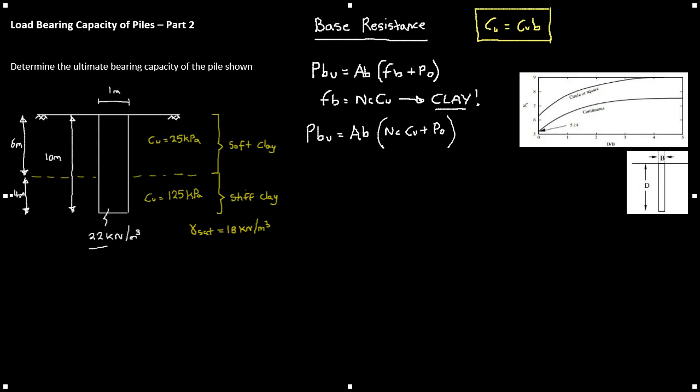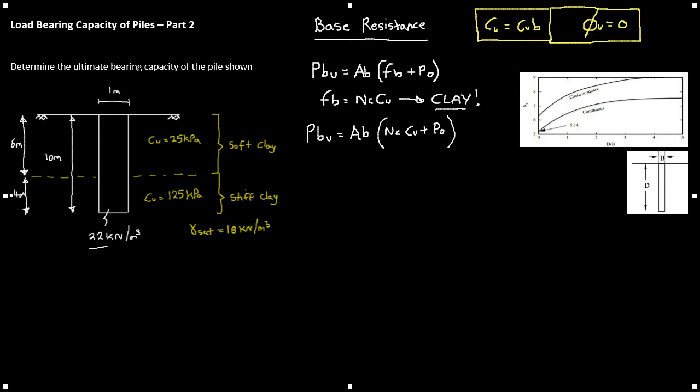The value of NC can then be obtained from Skempton's chart, and the Skempton's chart is for when the undrained internal friction angle is equal to 0. So let's start calculating the base resistance.